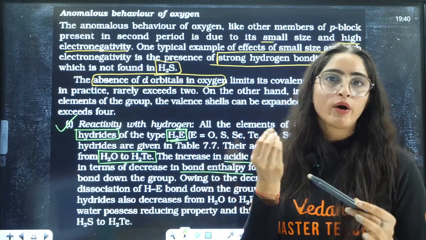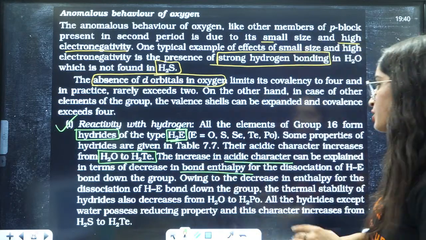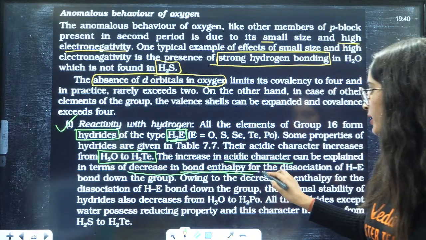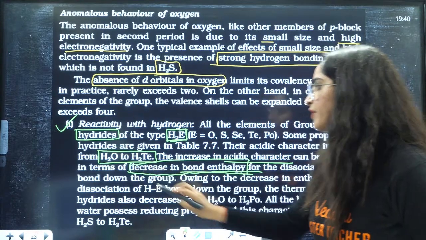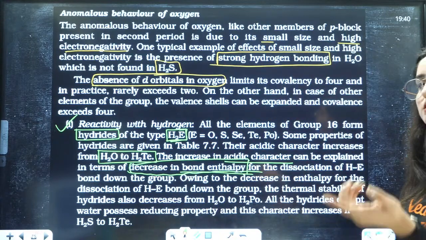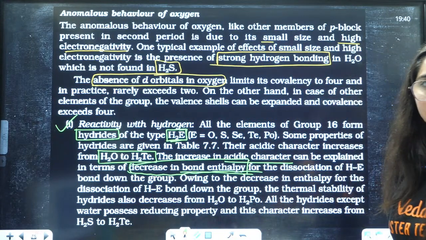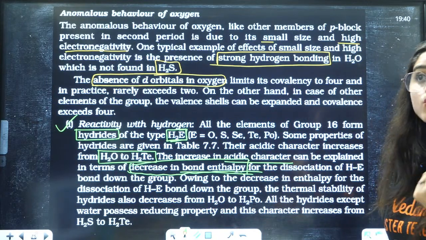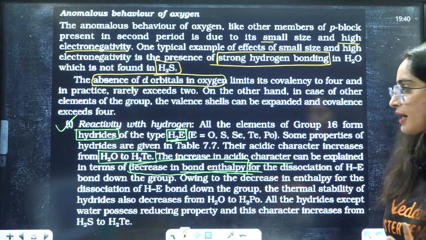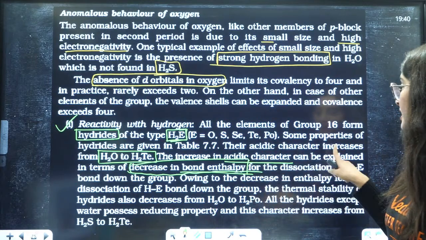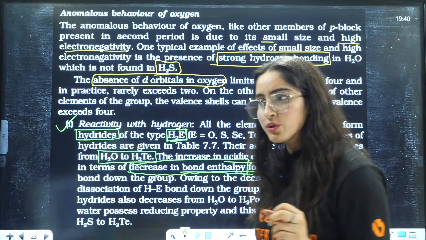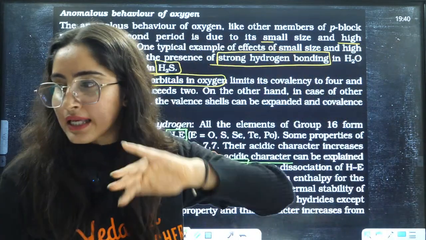That is why bond dissociation enthalpy is decreasing. This is what they are telling you. Why? Because of increase in size. So as the bond enthalpy is decreasing, it is easy to lose the hydrogen, right? So that is why acidic character increases down the group. Understood?